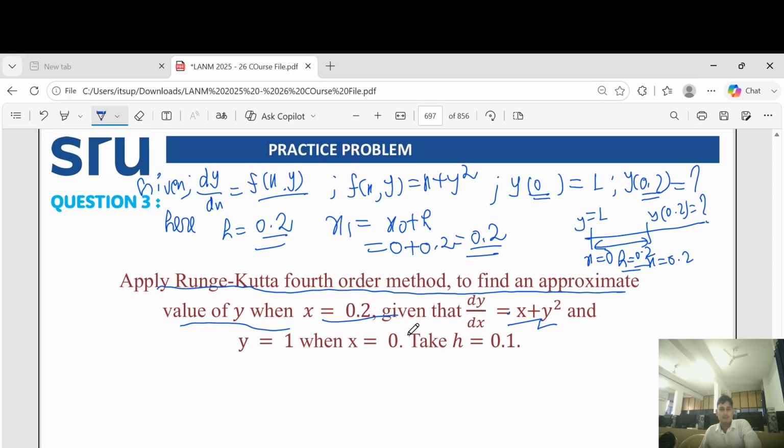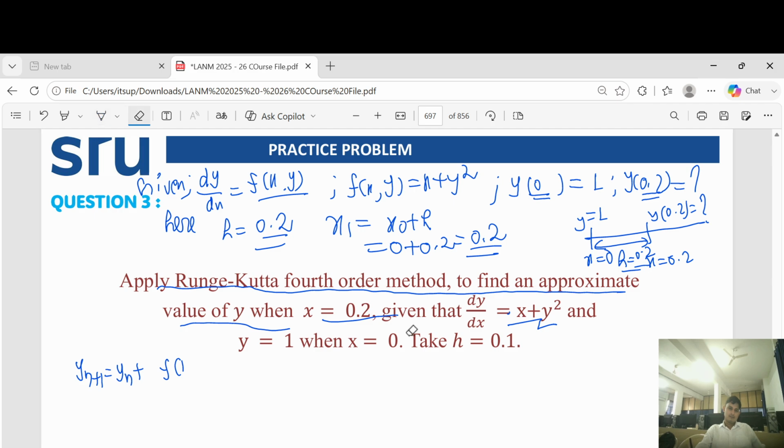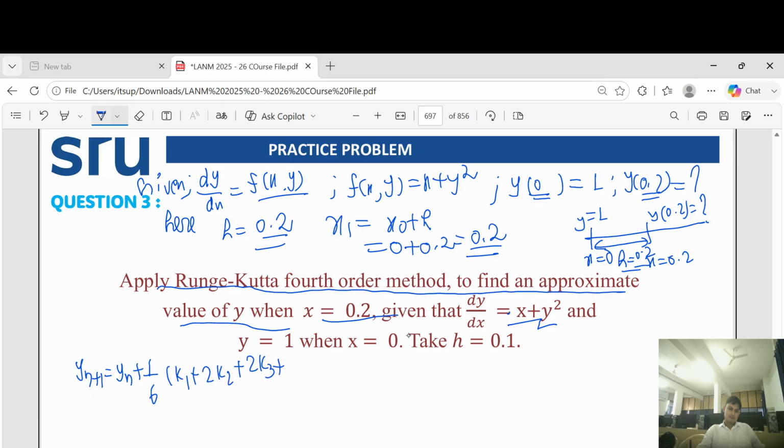Now we evaluate this. First write the formula: y n plus 1 is equal to y n plus 1 by 6 of k1 plus 2 k2 plus 2 k3 plus k4. So k1 is h f of x naught comma y naught.